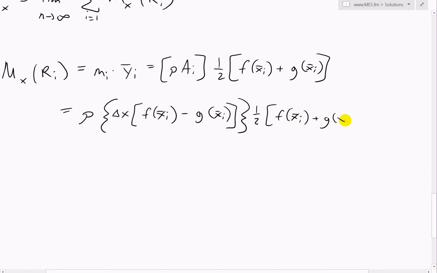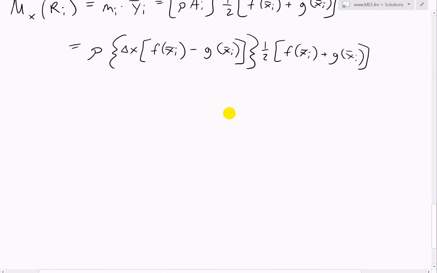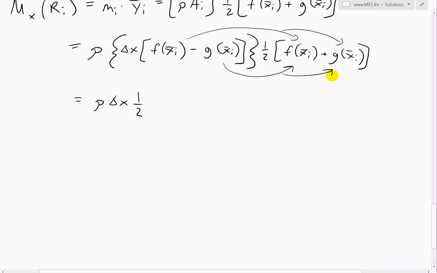Let's write this neater. Now what we have to do is multiply these out. Let's put the constant stuff out: density constant, and then delta x times 1/2. Now we expand this by simply foiling it out, multiplying this by that, and then this by this.